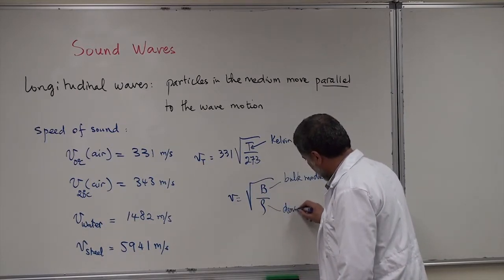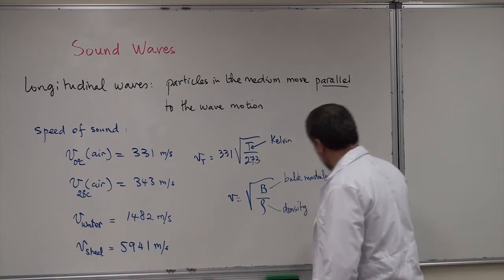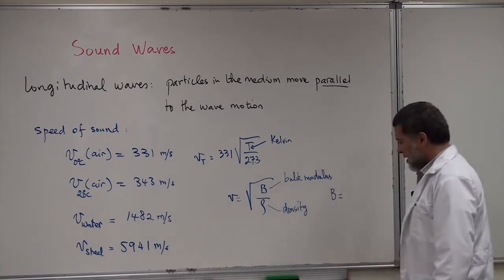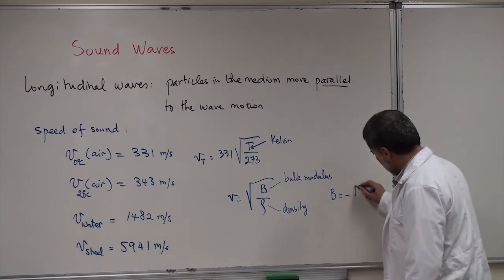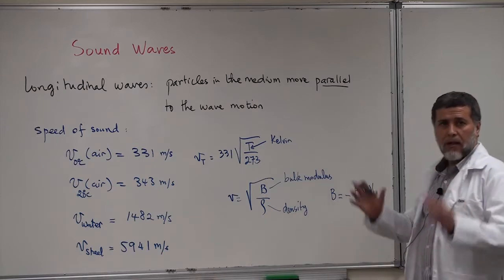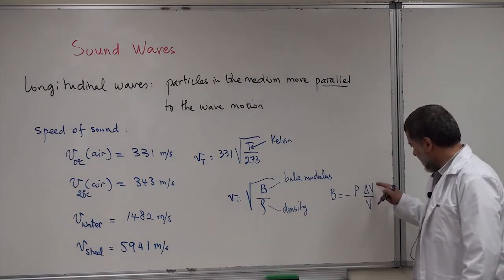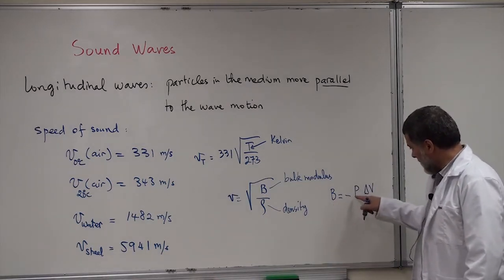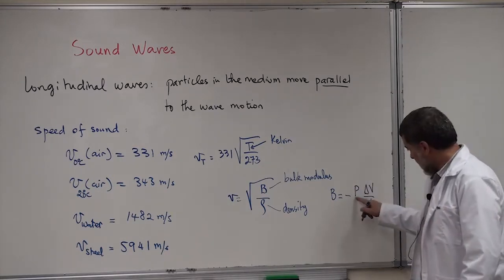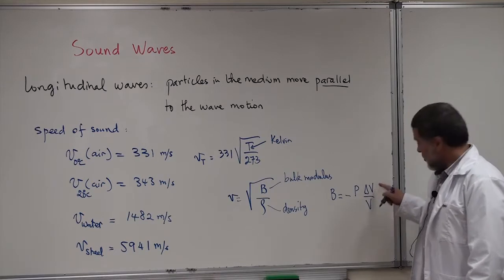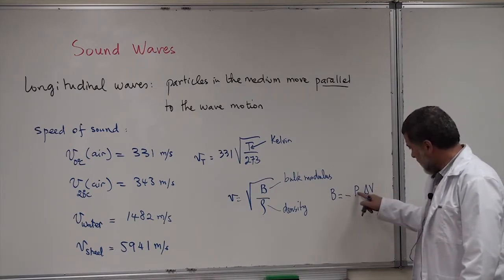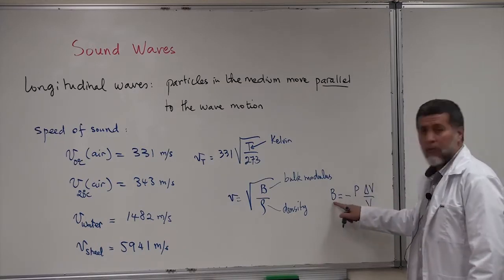The bulk modulus in general, B, is given by minus P over delta V over V. If you apply pressure on your object, there will be a change in volume. So the change in volume over V, the original volume, and the pressure applied will give you the bulk modulus.